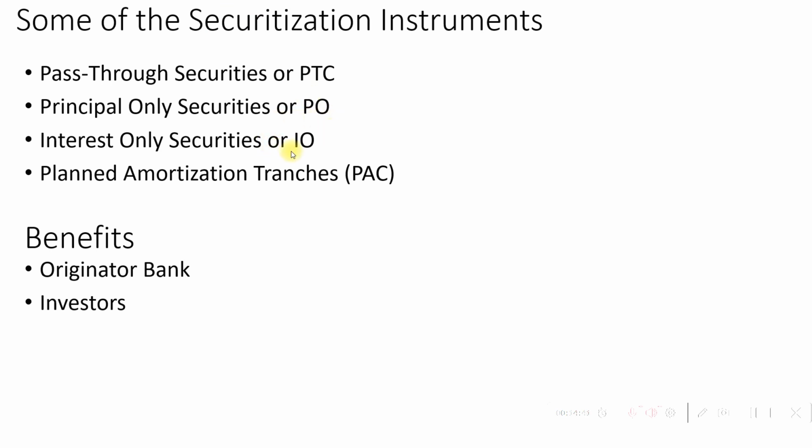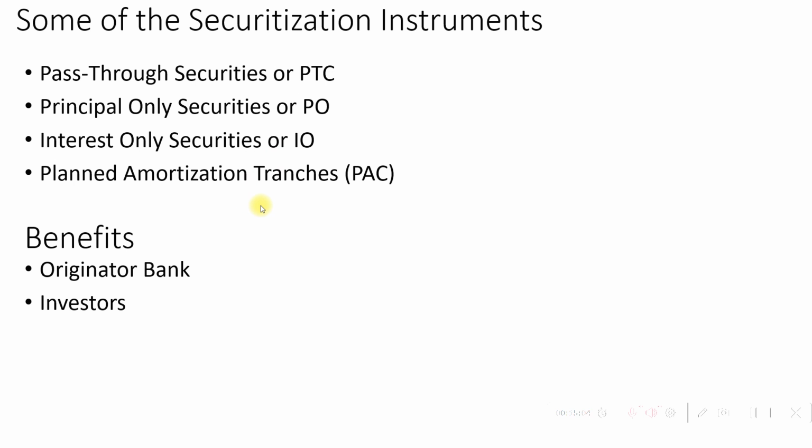Next is interest-only security or IO. The interest component of the underlying loan is received by the investors. Principal won't be there. It will be only the interest component of the underlying loan that is received by the investor. The securities have no par value or face value, and as the principal is repaid, its cash flow diminishes. So that is basically IO security.